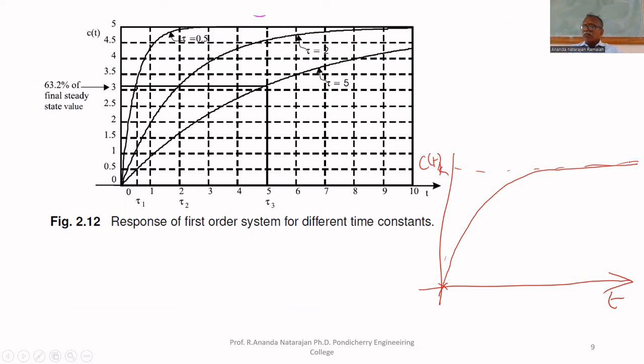Here, we can find the definition for the time constant.